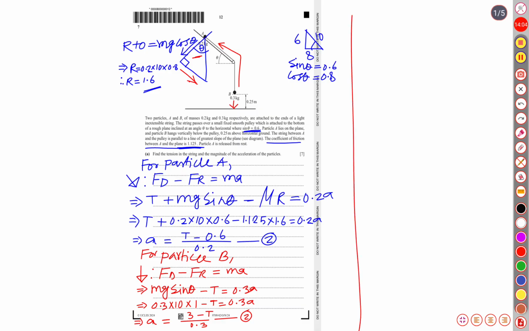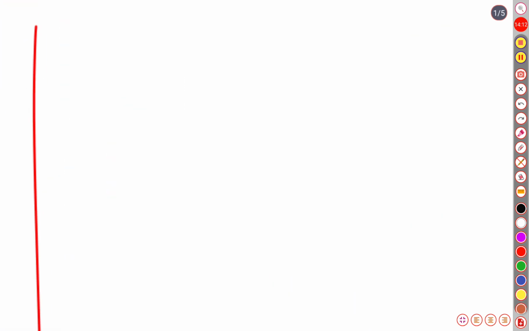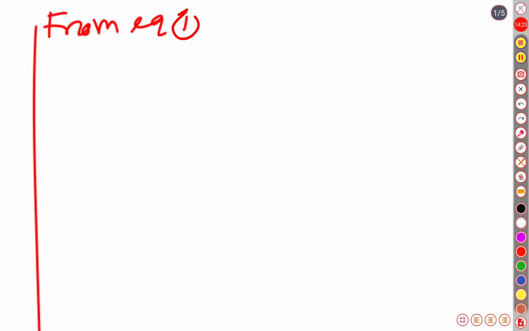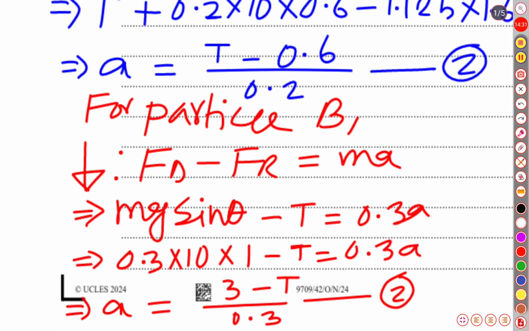Okay, so if we write from equation 1 and 2, in both the equations, look at this, the left side is our acceleration.